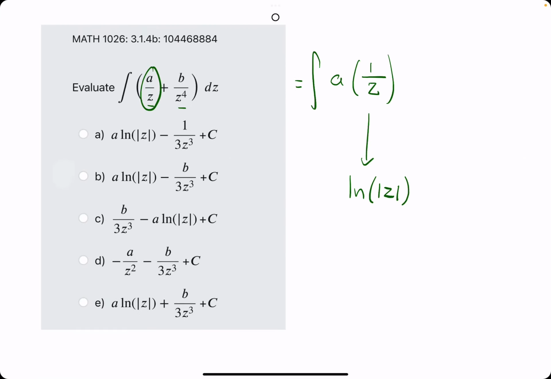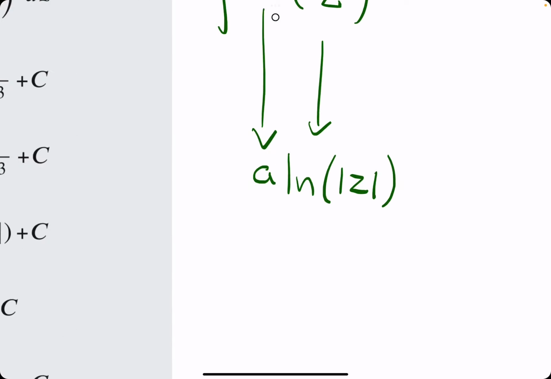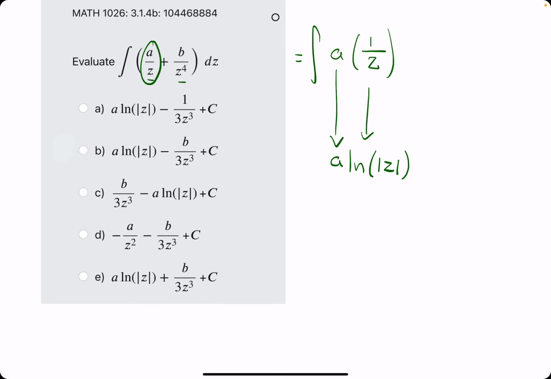And that a coefficient will carry down into the antiderivative as well. So we are looking for a times ln of the absolute value of z. Right away, we can eliminate any options that don't have positive a ln of absolute value of z.